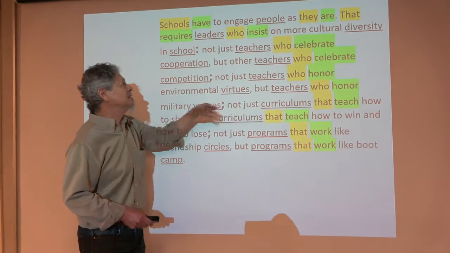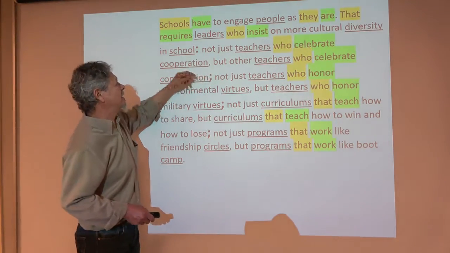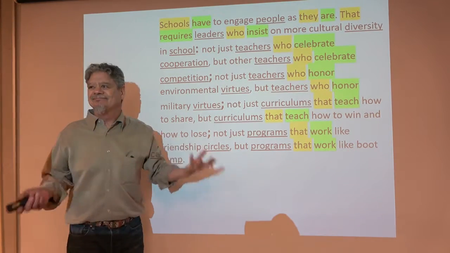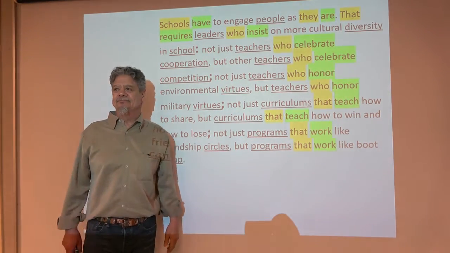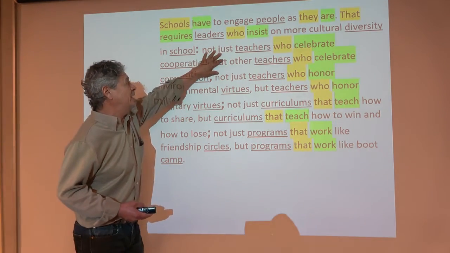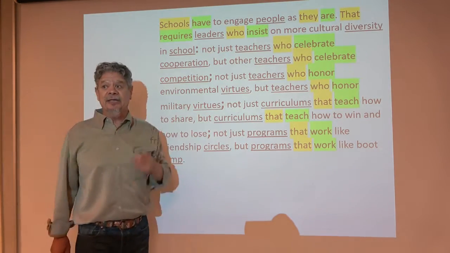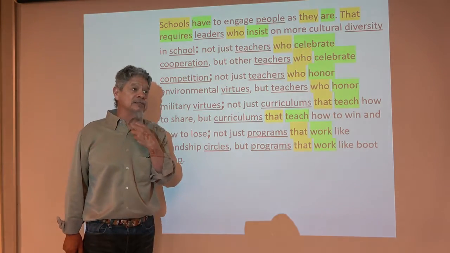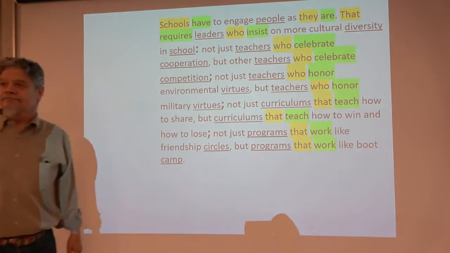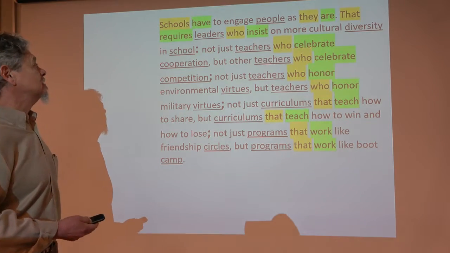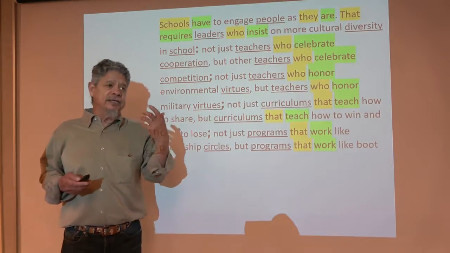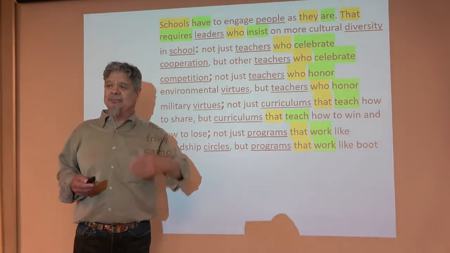So to put a comma here, to put a comma here, to put a comma here, would make it confusing. And these items are not independent clauses. They're dependent clauses who celebrate.